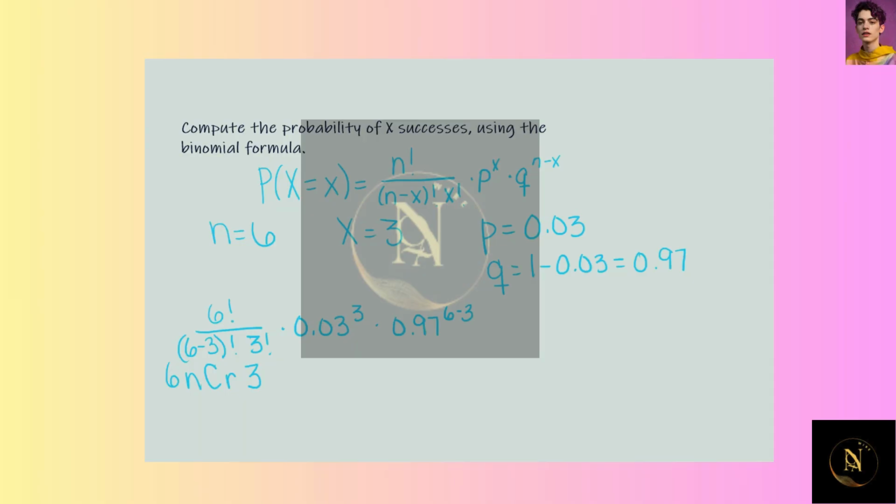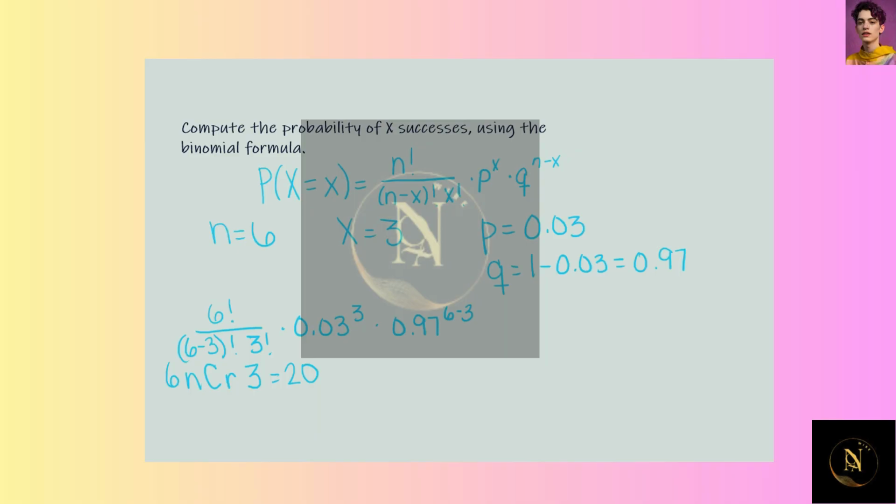You go to probability, PRB, and you scroll down to where it says nCr, and then you would type the 3 in, and you would get 20. So that means 6 factorial divided by 6 minus 3 factorial times 3 factorial is 20.